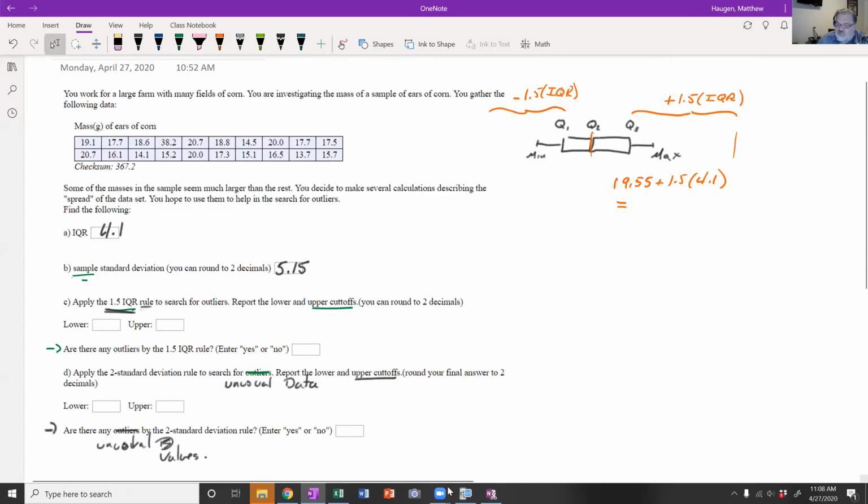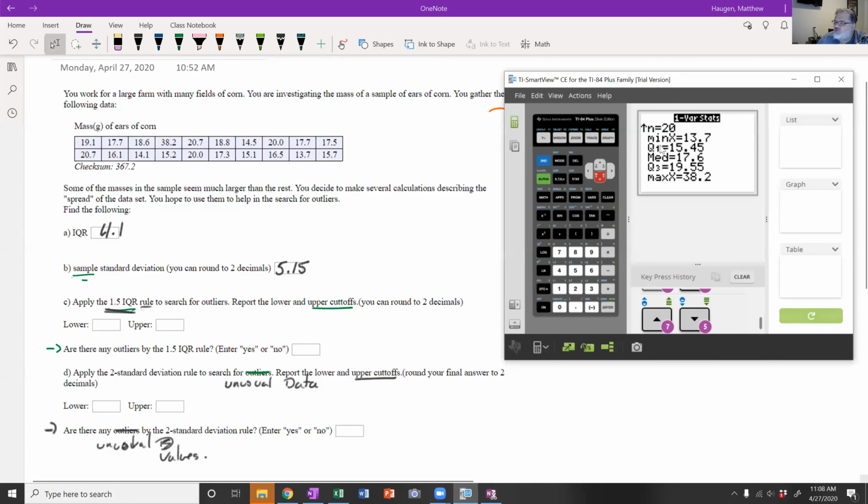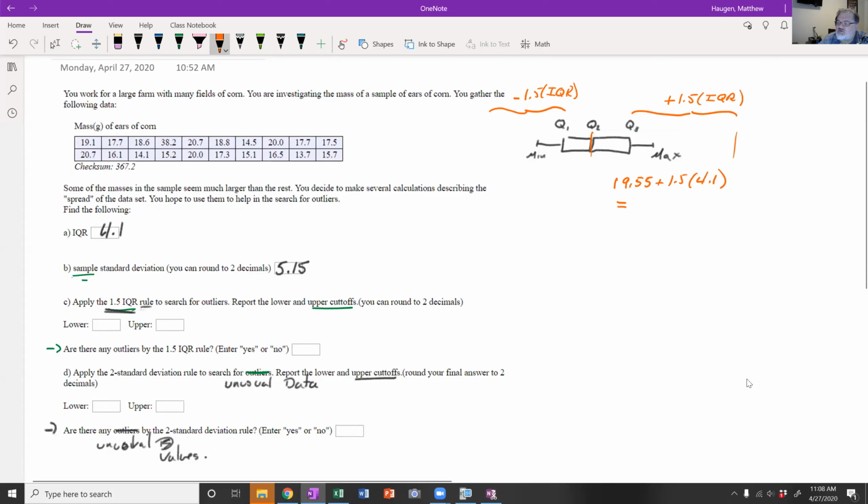And then our first quartile was 15.45. So 15.45 minus 1.5 times the interquartile range. So those will give us the lower and upper cutoffs that we're looking for.